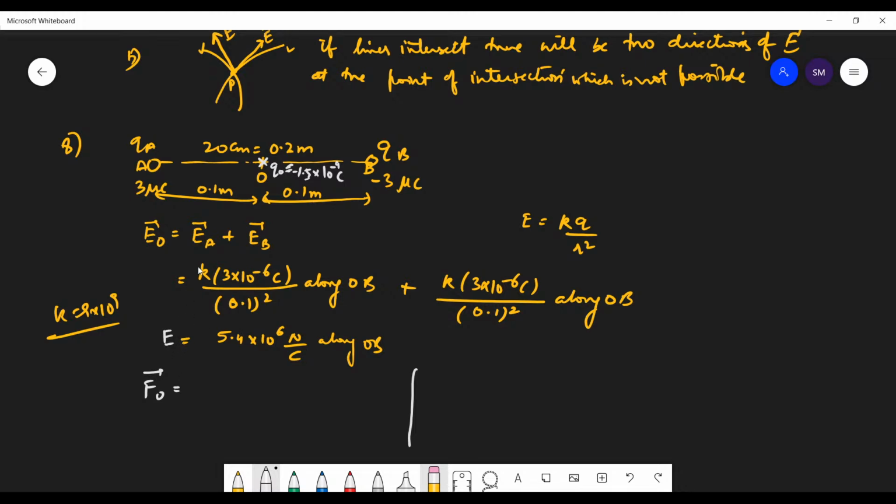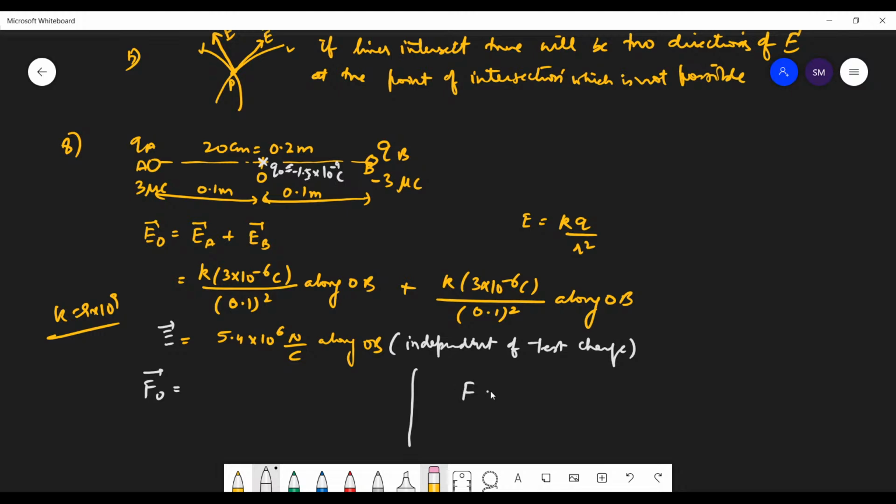So E is representative of the 3 Coulomb and minus 3 Coulomb charges, and E is independent of the test charge. This is your test charge that you have placed, minus 1.5 into 10 to the power minus 9.